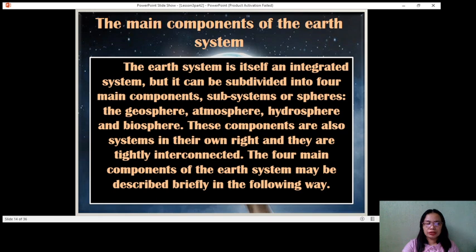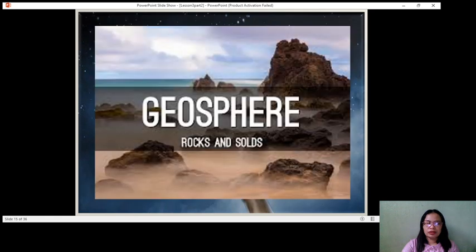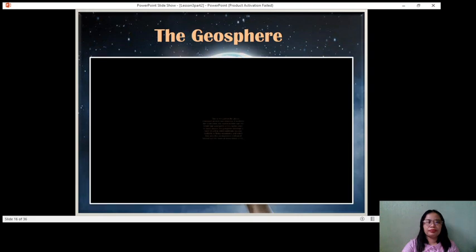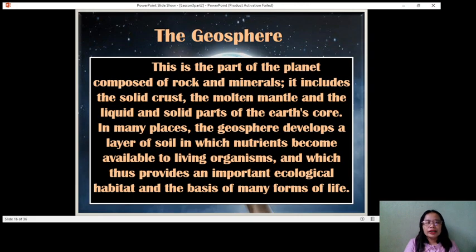The 4 main components of the Earth system may be described briefly in the following way. Geosphere. Let us define geosphere. It is the part of the planet composed of rocks and minerals. It includes the solid crust, the molten mantle, and the liquid and solid parts of the Earth's core.